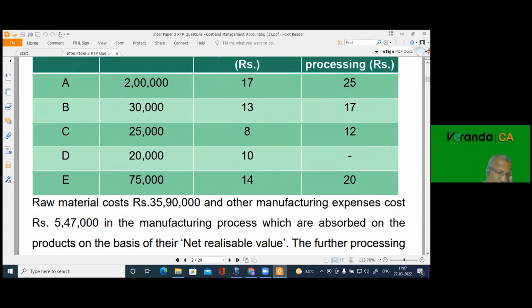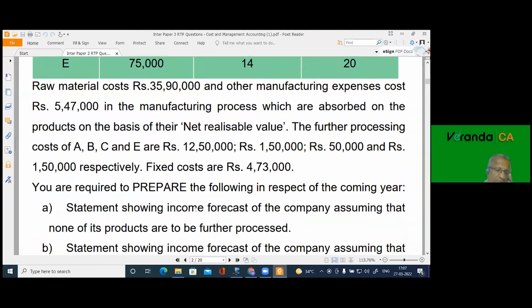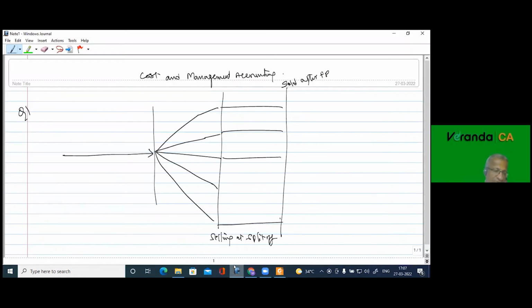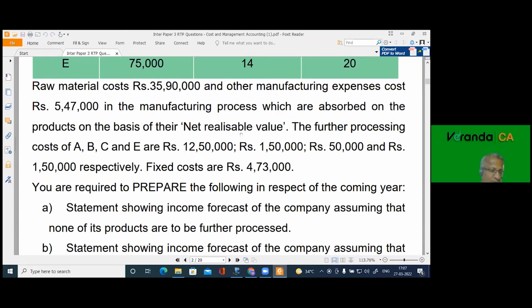First question: statement showing income forecast, assuming that none of the products are processed further. That means they are asking us to prepare an income statement, assuming that all are sold at this point, and how the joint cost has to be absorbed. That is based on net realizable value.